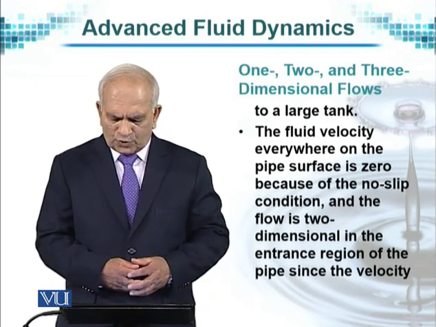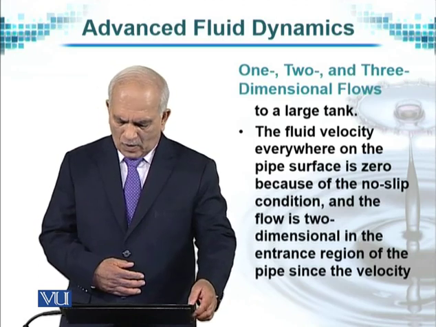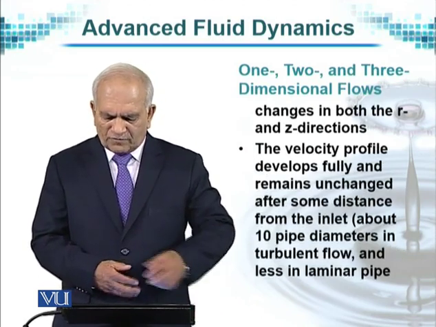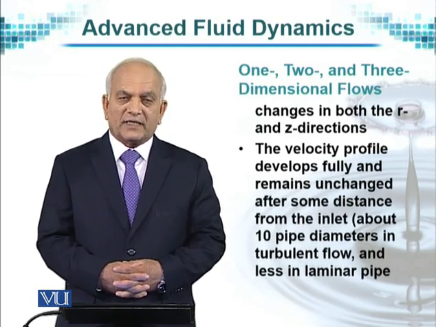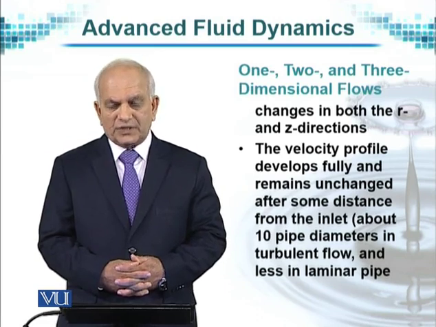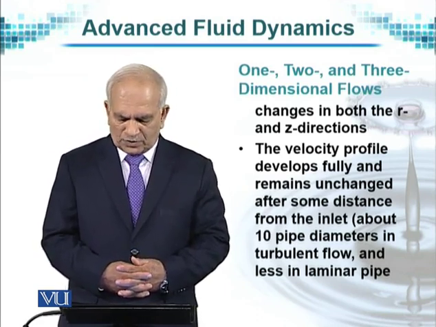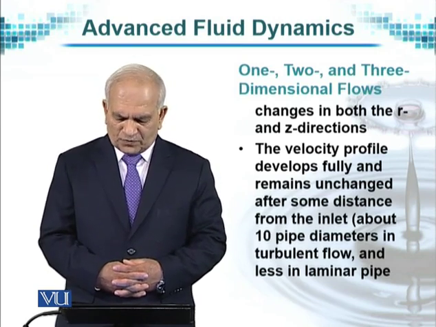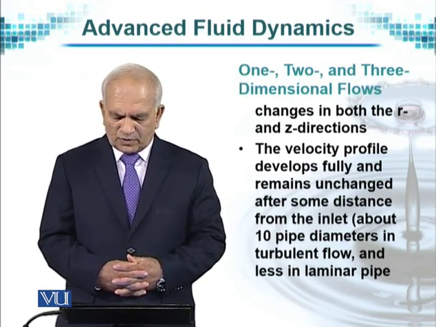The flow is two-dimensional in the entrance region of the pipe, since the velocity changes in both the r and z direction. In the beginning, it's changing in the two directions, as we have seen, and the picture was showing clearly, but then the velocity profile develops fully and then it remains unchanged with respect to z.